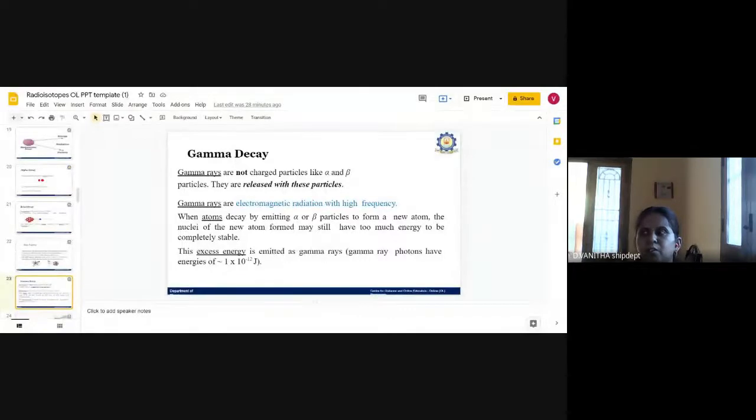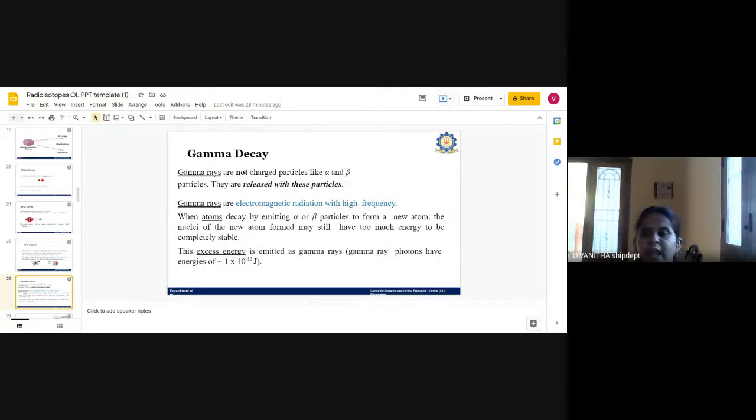They are chargeless particles. They are released with this particle. So when uranium-235 is disintegrated, some particles are emitted, and with that gamma rays are emitted. Gamma rays are electromagnetic radiations with higher frequency.